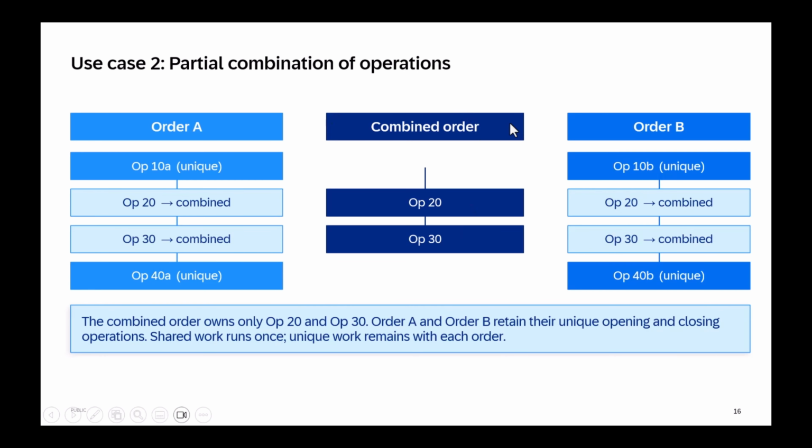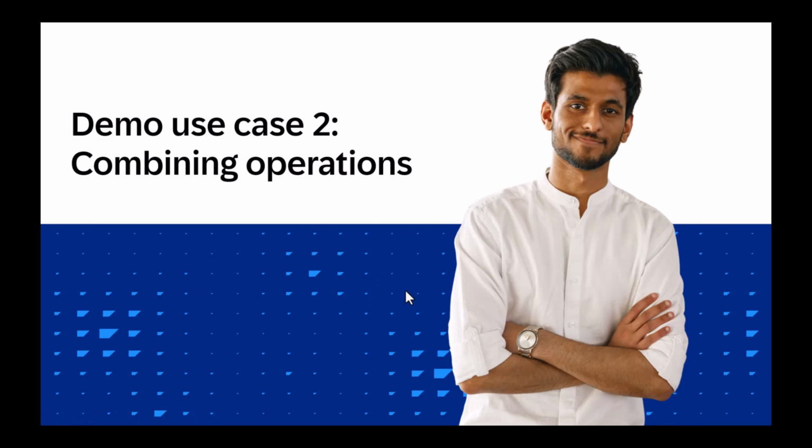So our combined order is then a combination of operation 20 and 30 from order A and order B. Because operation, let's say 10A and 10B might be unique, and that's the reason why we cannot combine them. So to be still efficient or more efficient in the production process, this is then the result of the combined order. But let's check that out also in a little demo.